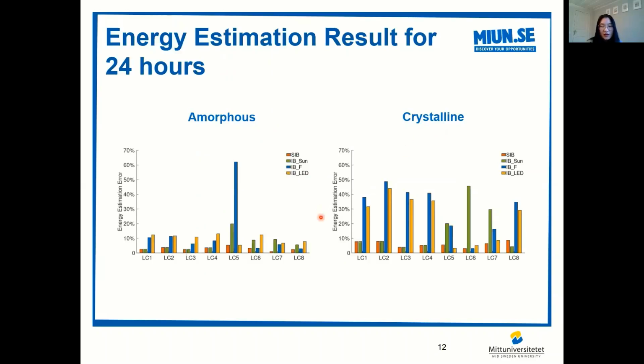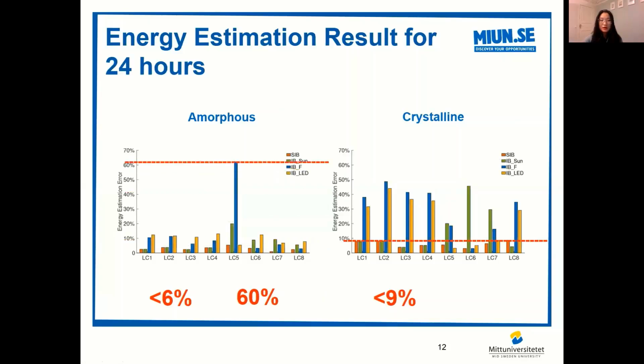We can see that our spectrum and illuminance-based power estimation method has an error smaller than 6% for all of the light conditions, and for crystalline, the error is smaller than 9%. If we don't take the spectrum into consideration, the error will increase up to 60%, and for crystalline, it will go up to 50%.